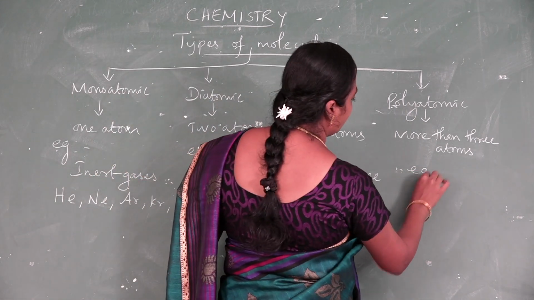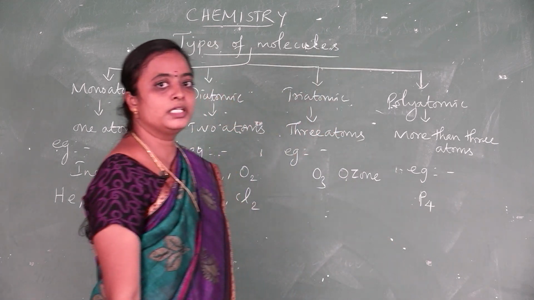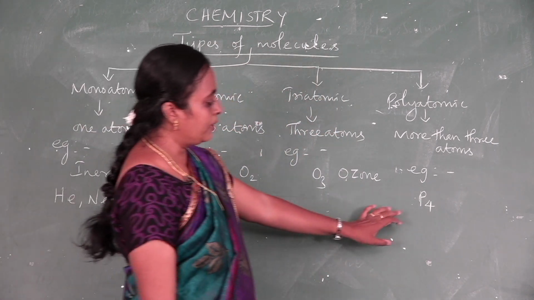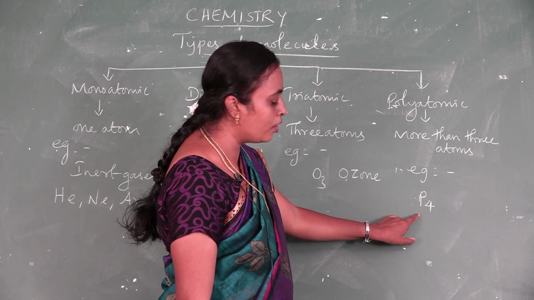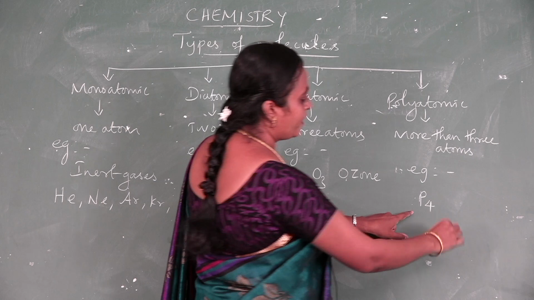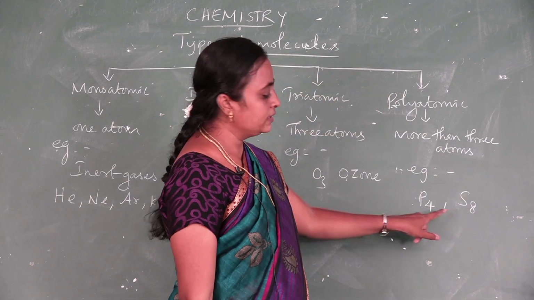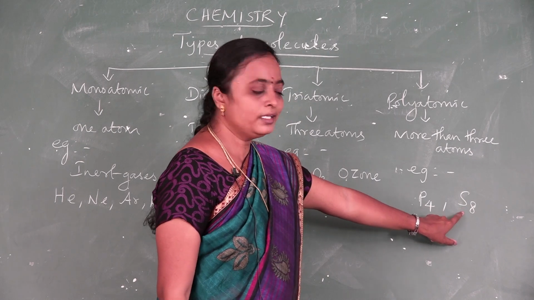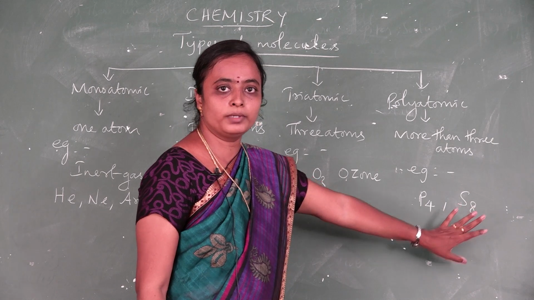For example, P4 phosphorus, that is white phosphorus. White phosphorus P4 is made up of 4 phosphorus atoms. If I am taking sulfur S8, it is made up of 8 sulfur atoms. So this comes under the category polyatomic molecule.